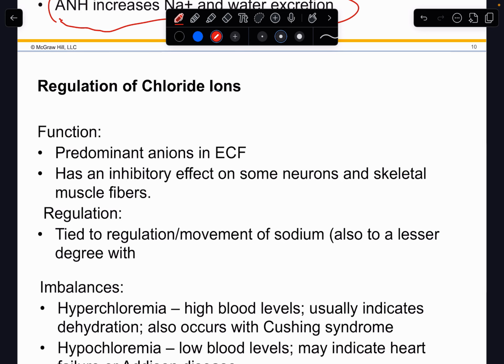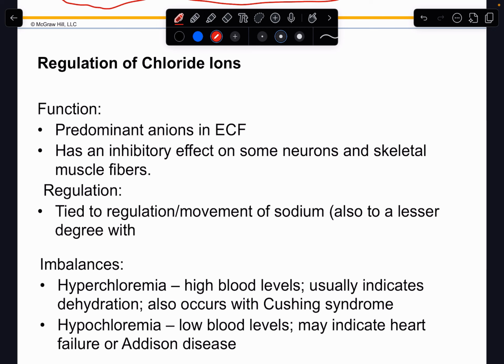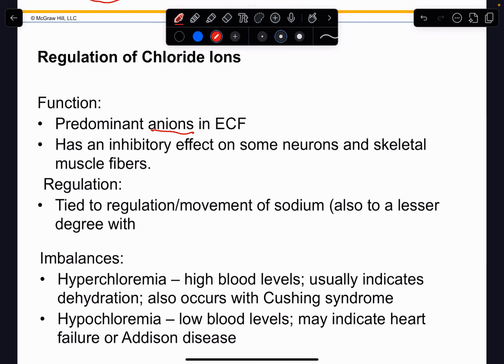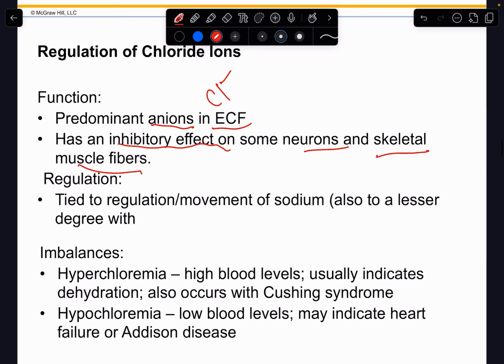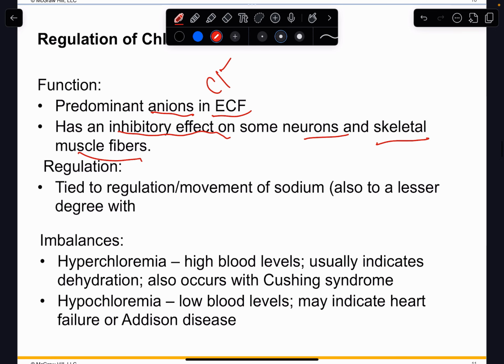Chloride ions. Chloride is the prominent anion in the extracellular fluid. It has an inhibitory effect on some neurons and skeletal muscle fibers. So if you have an imbalance, what is it called?